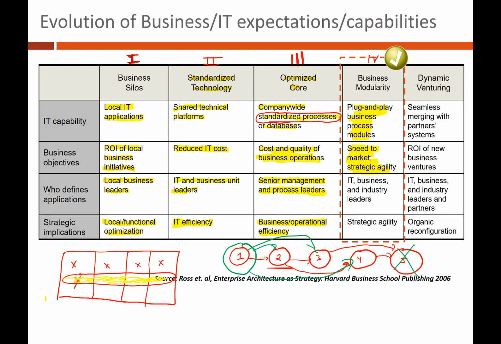So the focus now is, let's get our IT leaders, our business leaders, and other industry partners that we have outside of our company, and let's try and figure out how we can be strategically agile. We make a given product.